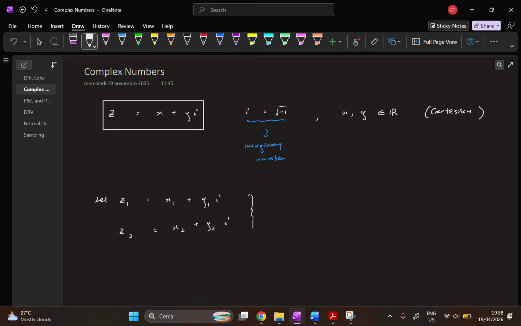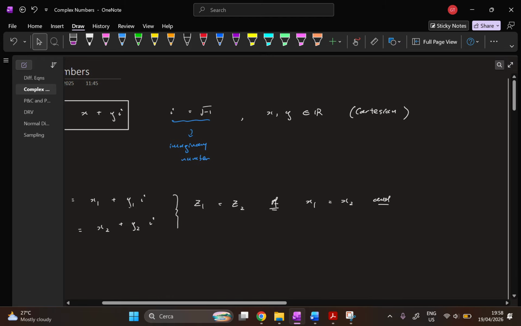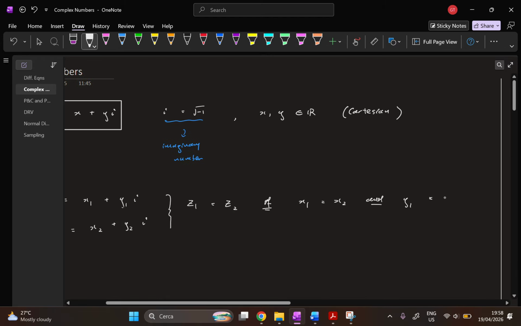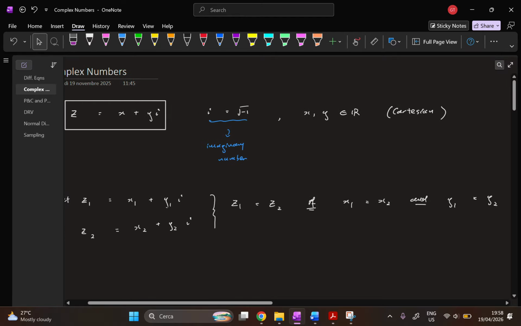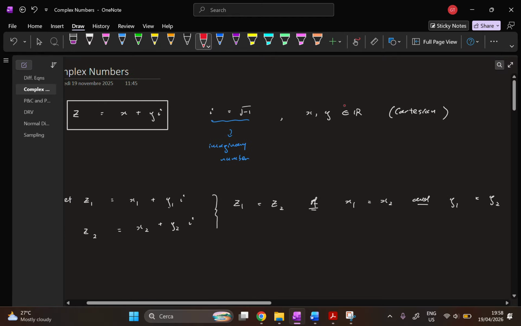Then in this case, we can say that z1 and z2 are equal if and only if x1 equals x2 and y1 is also equal to y2. Okay, so remember x and y are real numbers, all right?